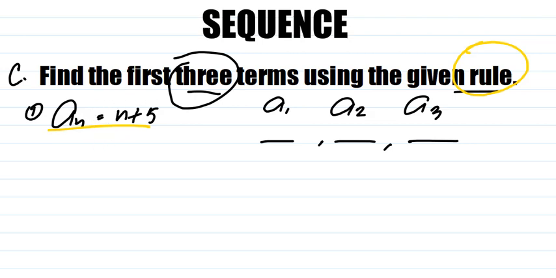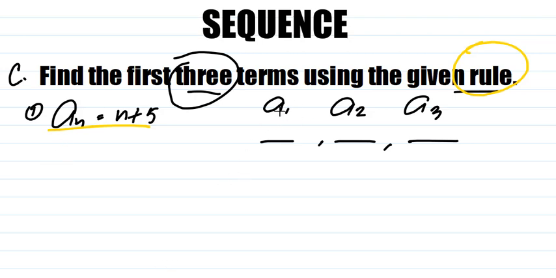Yung first rule natin is A sub n equals n plus 5. Bakit n ang nakalagay dito at hindi yung 1, 2, 3? Kasi generic ito. Pag hinahanap natin yung value ng first term or yung A sub 1, yun ang maglalagay ng number. A sub n kasi generic na formula, nakadepende kung ano yung term na hinahanap natin. So, anong example nito?